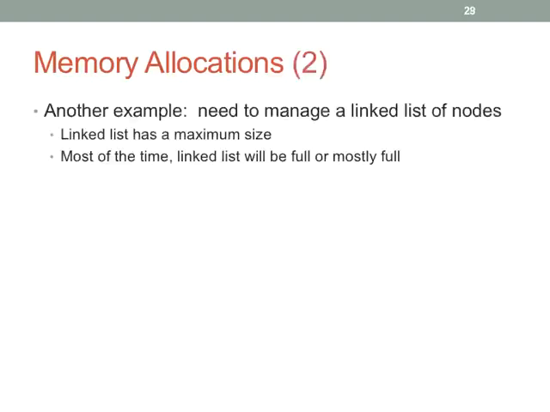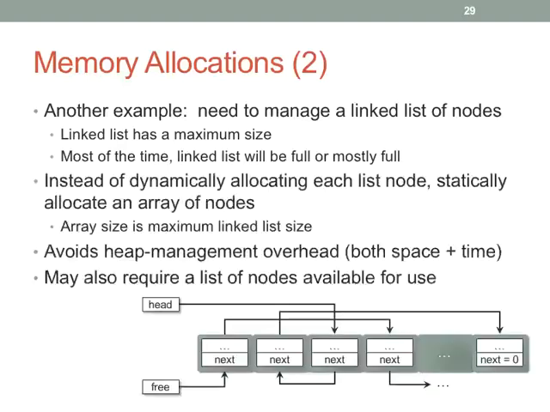Okay, here's another example, which is kind of near to my heart. Let's say that we need to manage a linked list of nodes, and we know that the list has a maximum size. So we know that there's a maximum number of elements that we need to manage, and most of the time that list will actually be full or mostly full. So instead of actually dynamically allocating the elements, why not just, again, set aside a region of memory that is large enough to hold all of the nodes we might ever need.